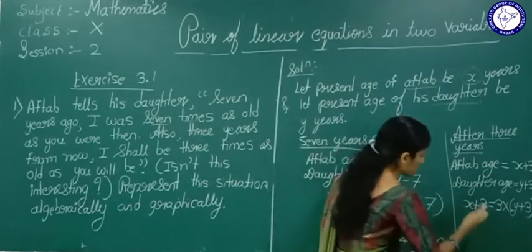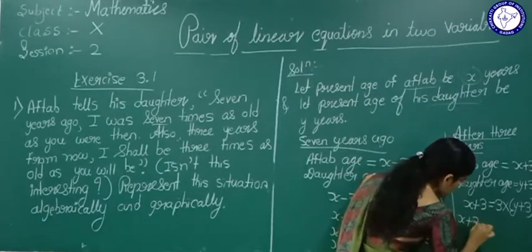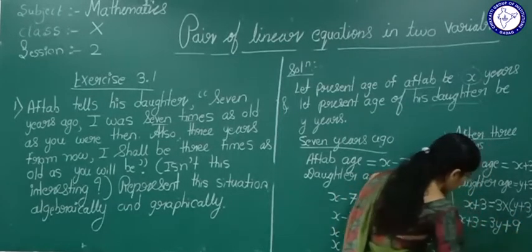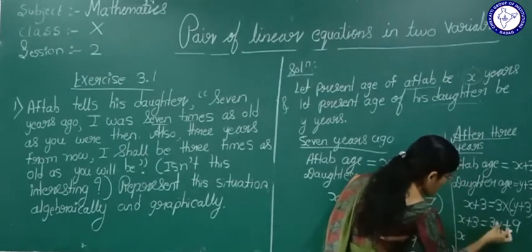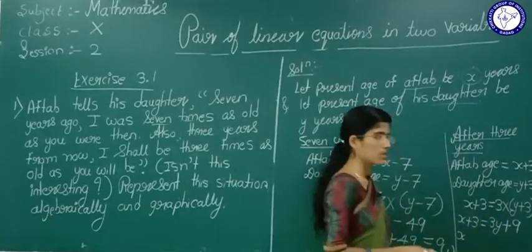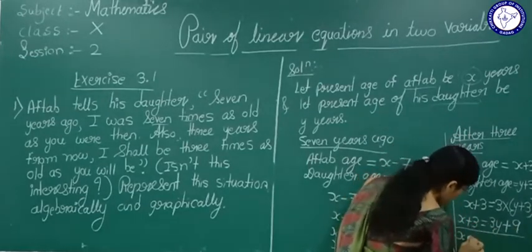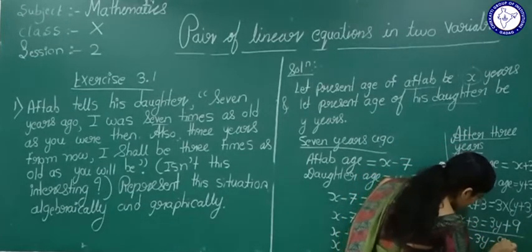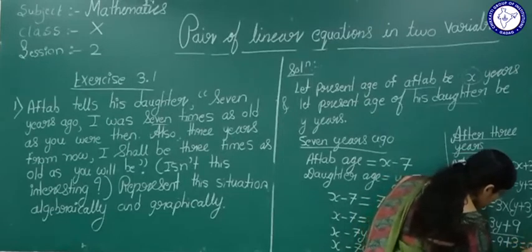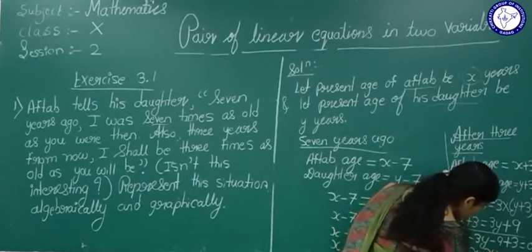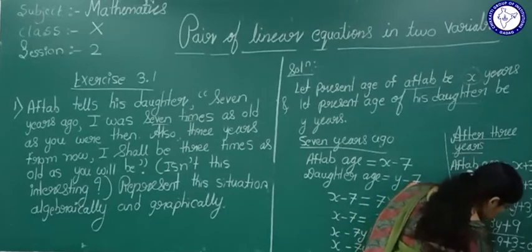We will simplify this. x plus 3 is equal to 3y plus 9. So x minus 3y minus 9 plus 3 is equal to 0, which implies x minus 3y minus 6 is equal to 0.